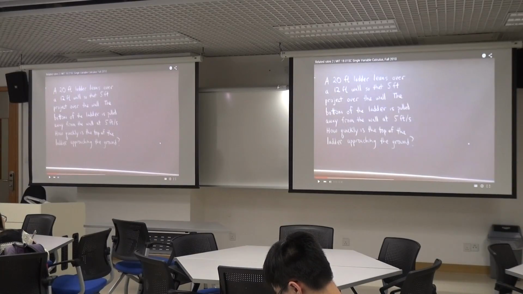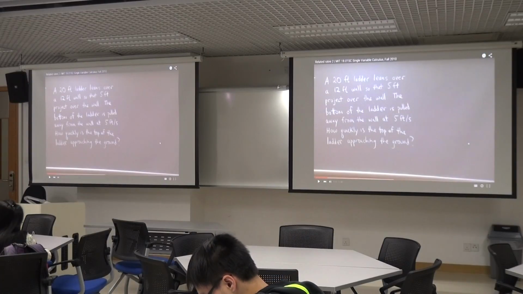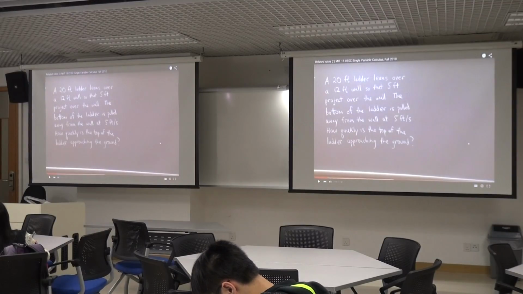When the ladder approaches the ground, some distance or some length is going to be zero. So the question is how quickly you find the rate of something, right? So let's be more patient. Look up the informations.